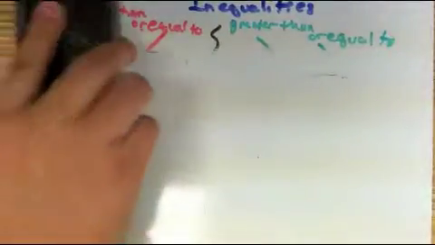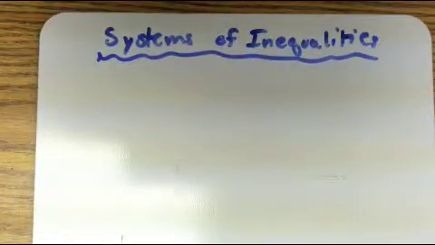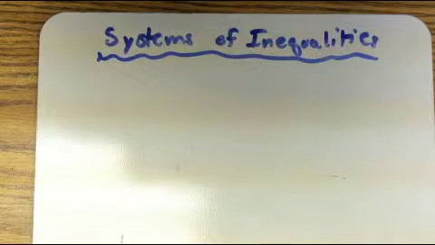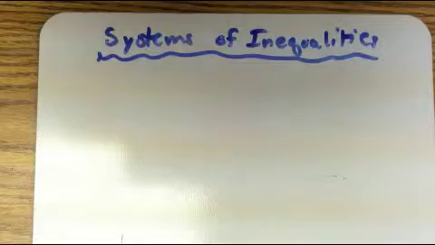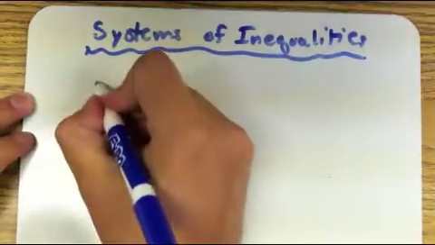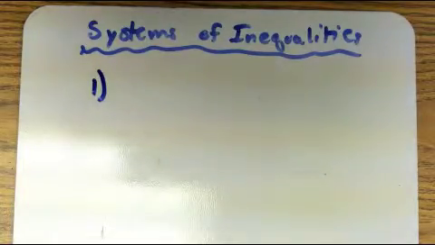Let's start looking at some steps. I like to organize everything in steps. Okay. I like to have a way to organize my thoughts. So the first thing that we're going to do today with graphing in general is, one, we need to make sure it's in SI form.